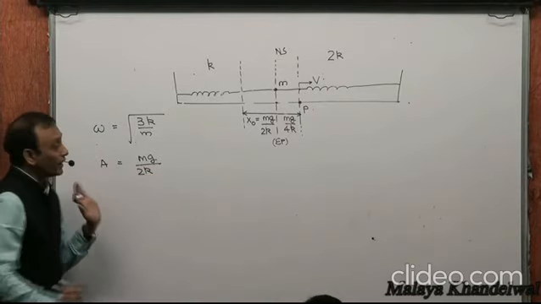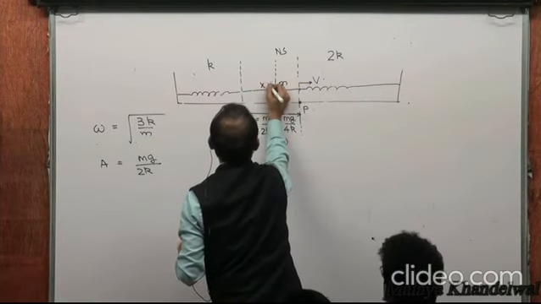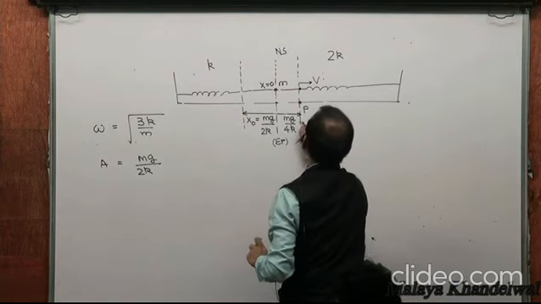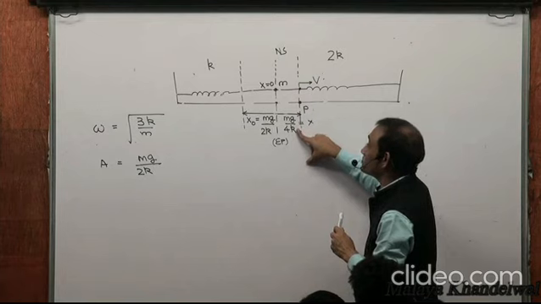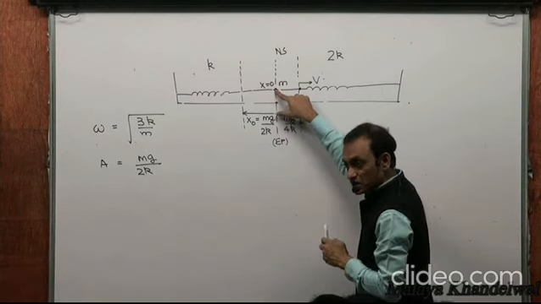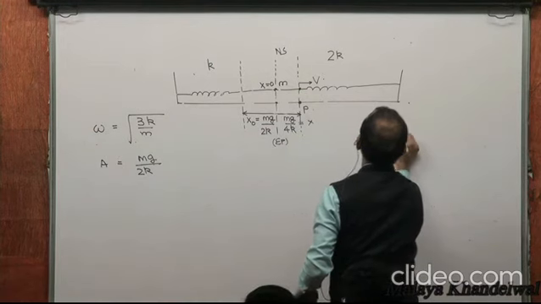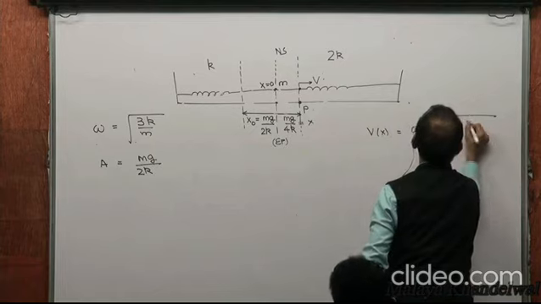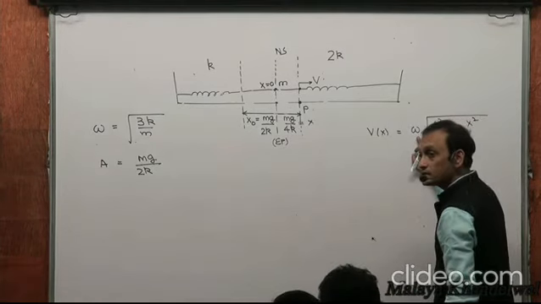Now velocity. This is my new x. This is say x equal to 0, and this point is x equal to mg by 4k. I want to find the velocity at x equal to mg by 4k, where x equal to 0 is the equilibrium position. Velocity as a function of x is given by omega root a squared minus x squared, right? Omega is known to us, right?